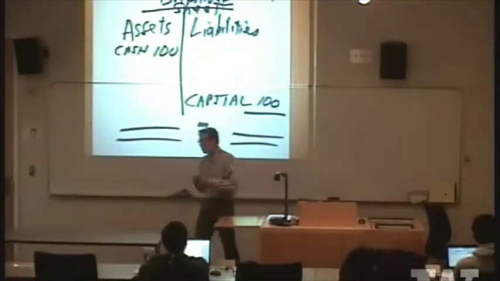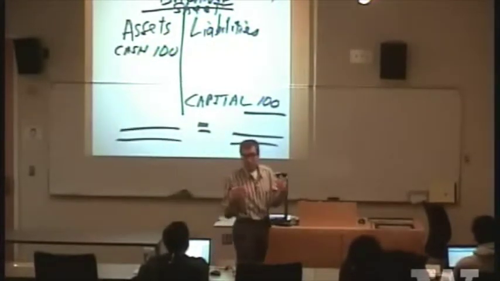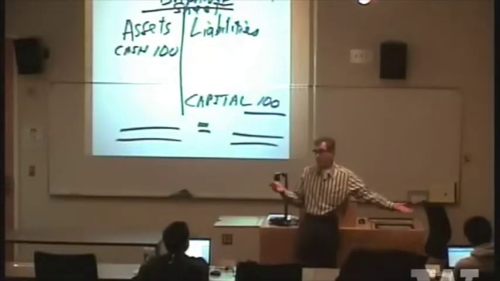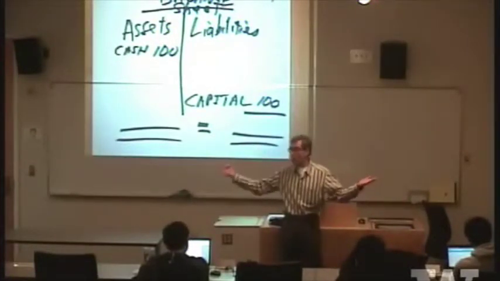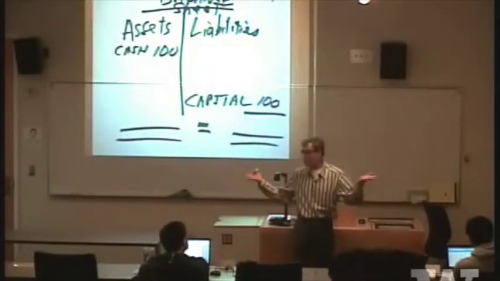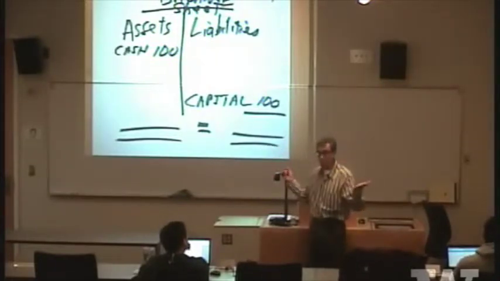So without getting into too much detail, there would be an accounting entry to record this. We debit cash, we credit capital. Not too difficult, but again, both sides so that the totals are equal.